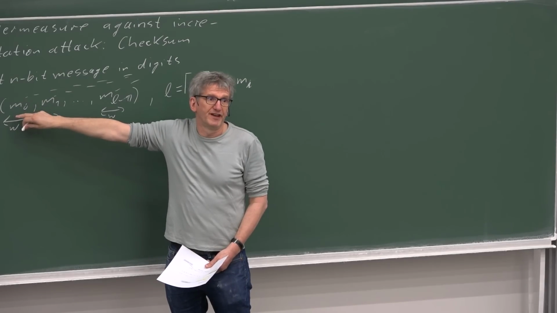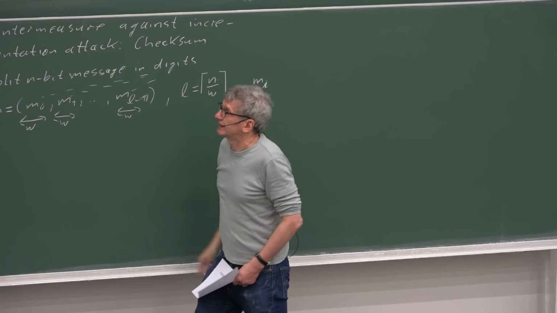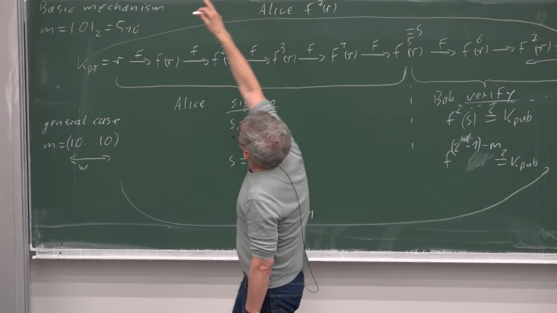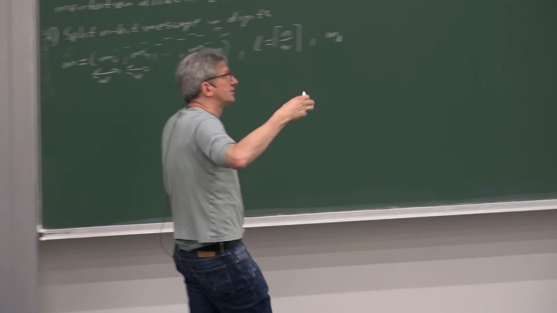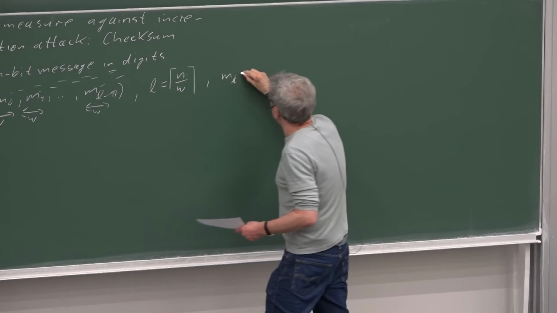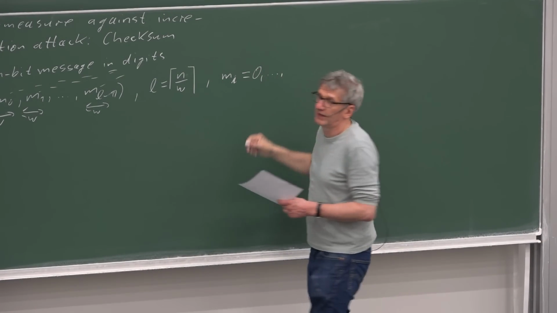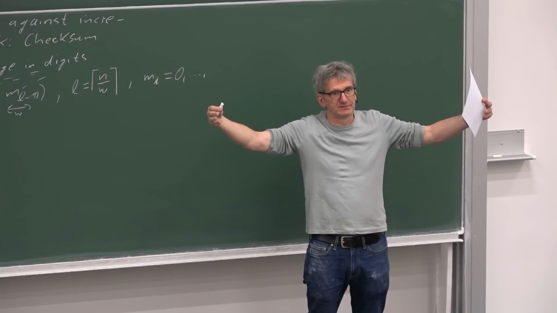What is the possible value range? Which values can each of these digits take, right? Before, we saw that for W equals 3, it's 0, 1, 2, 3, 4, 5, 6, 7. In the general case, we start at 0. And what is the largest number you can represent with W bits?